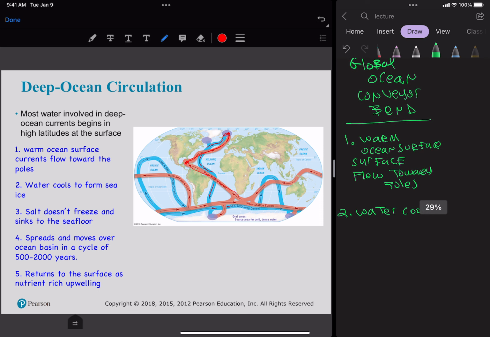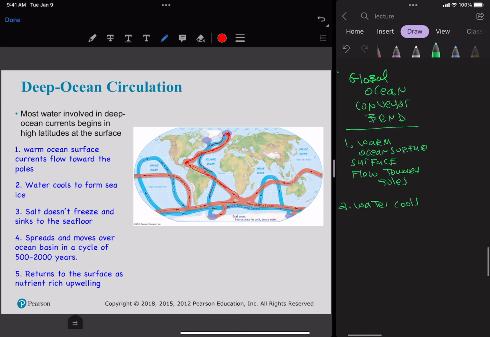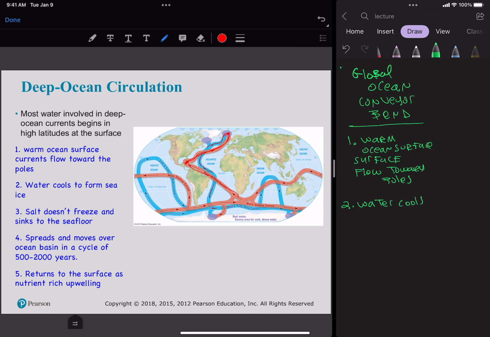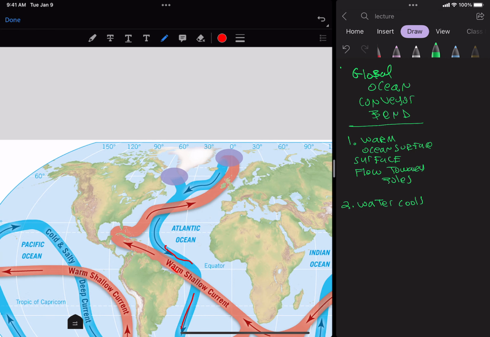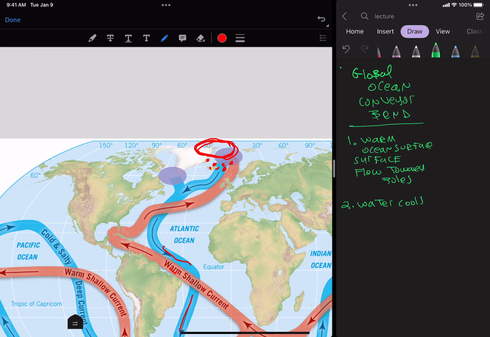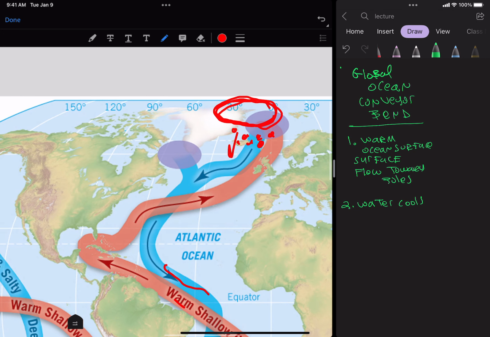So let's talk a little bit more about this one here. When the water reaches the poles, part of it turns into ice. That means there's going to be less water. Some water is going to be removed from the ocean, but the salt is still going to remain. And because salt is heavier, the salt is going to sink, and that is also what's going to contribute to this sinking current here.